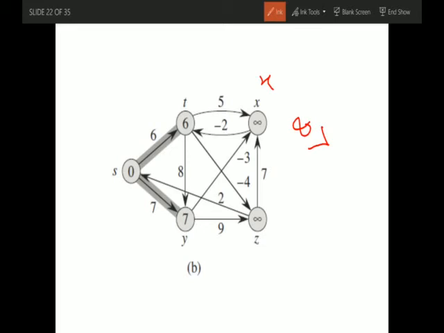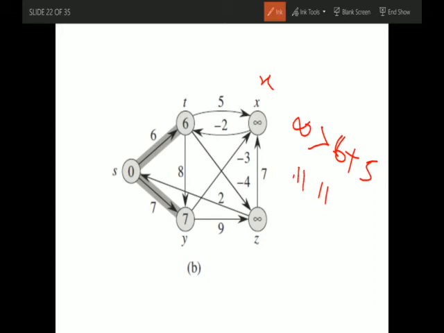Up to t is 6, and the weight of t to x is 5, which gives 11. It is the shortest path, so we can update x to 11.